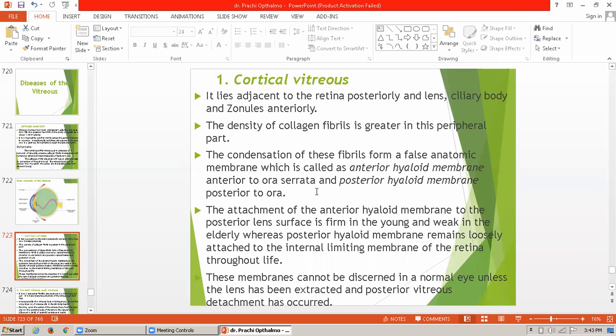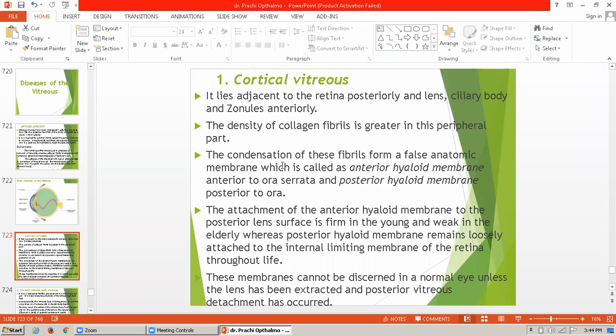The density of the collagen fibrils is greater in this peripheral part, and the condensation of these fibrils forms a false anatomic membrane, which is called the hyaloid membrane. So there is an anterior hyaloid membrane, which is anterior to the ora serrata, and a posterior hyaloid membrane, which is posterior to the ora.